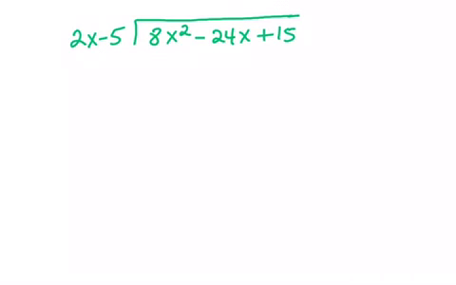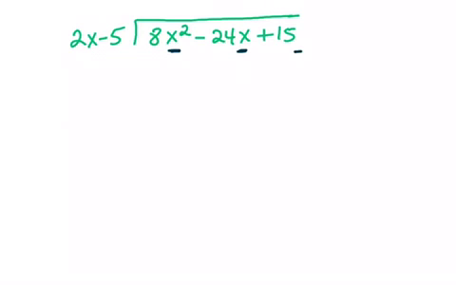All right, here's a big problem. It's the same thing, but I do want to draw something else to your attention, which I forgot to do in the first problem. This starts off with an x squared. Then the next one is x, and the next one is no x.